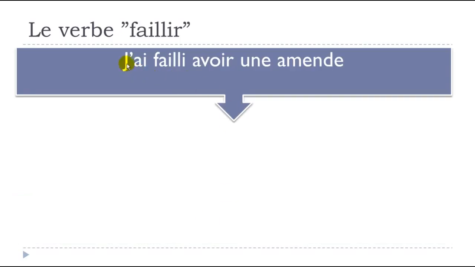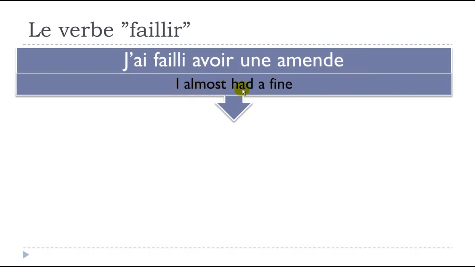So it will go like j'ai failli avoir une amende. I almost had a fine. You can see here that it's actually this passé composé form that we just encountered a few minutes ago. J'ai failli avoir une amende.